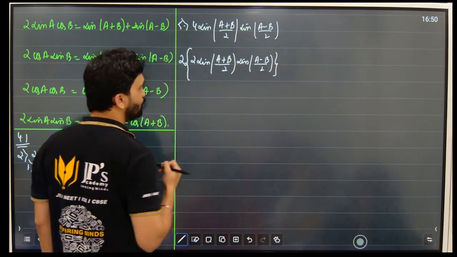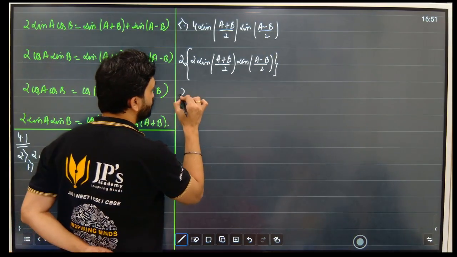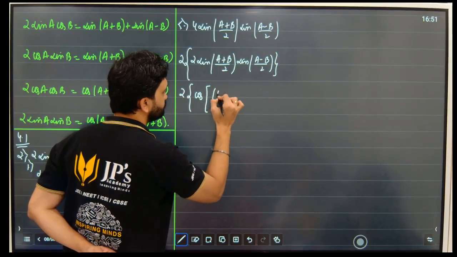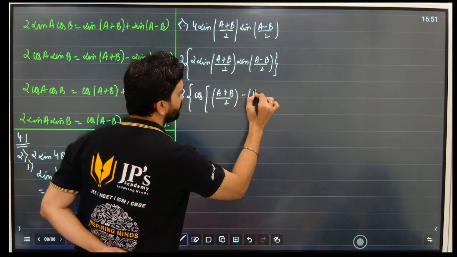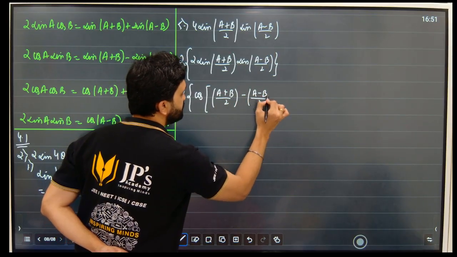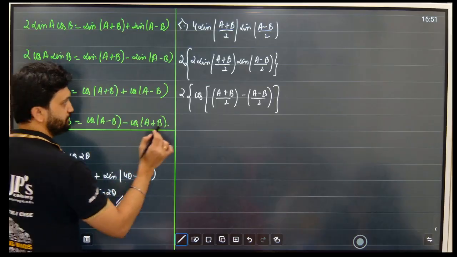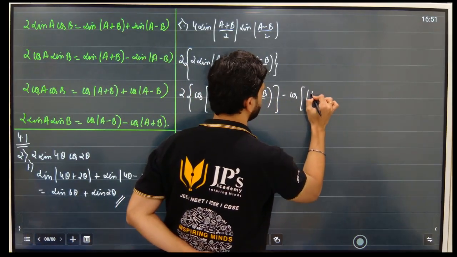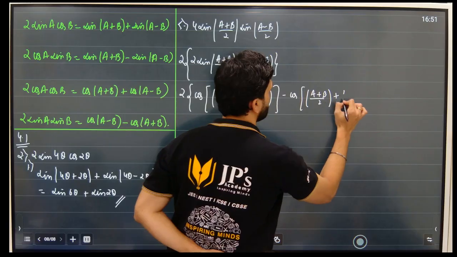It's the formula for 2 sin A sin B, which is cos A minus B minus cos A plus B.